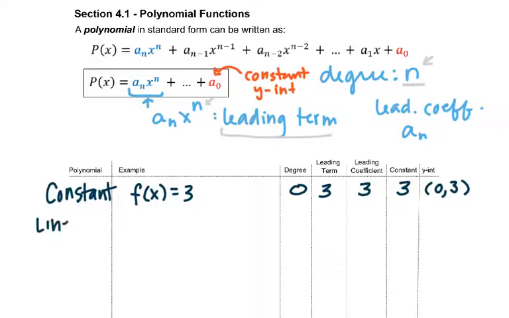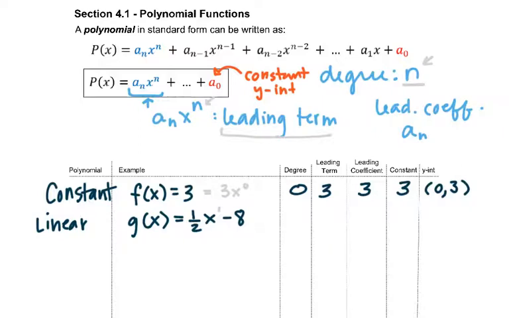So we could have a linear polynomial, which we're pretty familiar with dealing with. g of x equals 1/2 x minus 8. So there is no power here. I'm just going to rewrite that back up there. In this case, there's a little invisible 1.